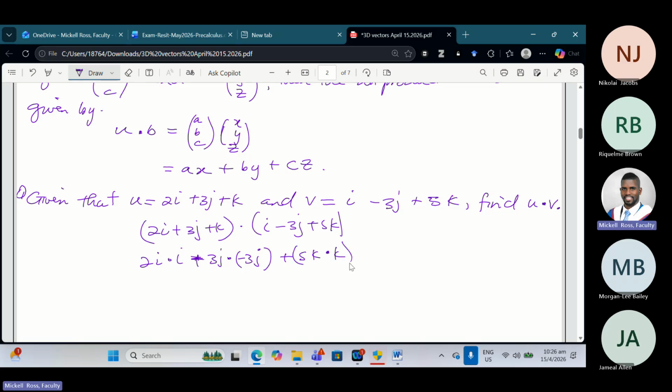So this little group is multiplying, and likewise for that little group.